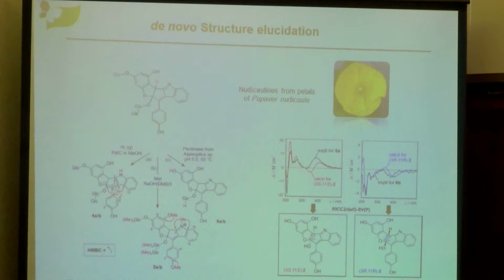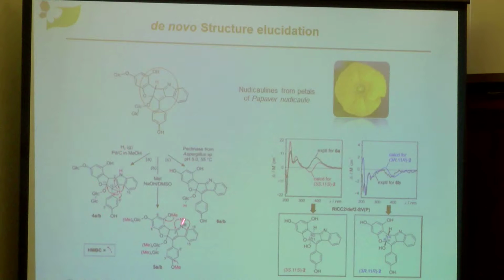We have identified the structure of these compounds, and it was not really easy to do that. You can see that there is only one proton in this area, and this makes it very difficult to assign all these carbon and other atoms in this region.